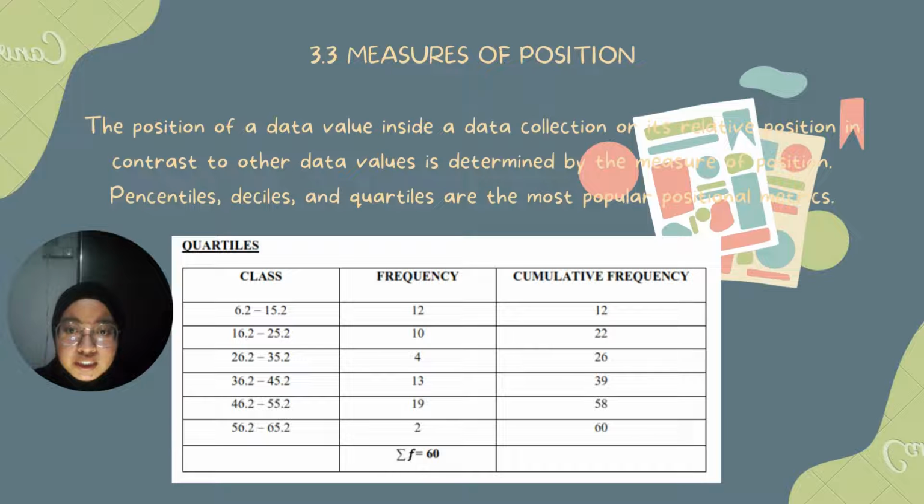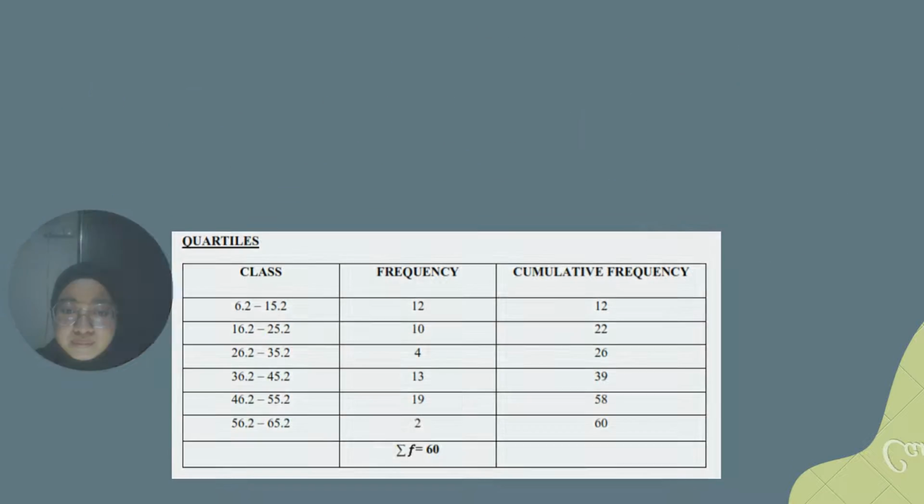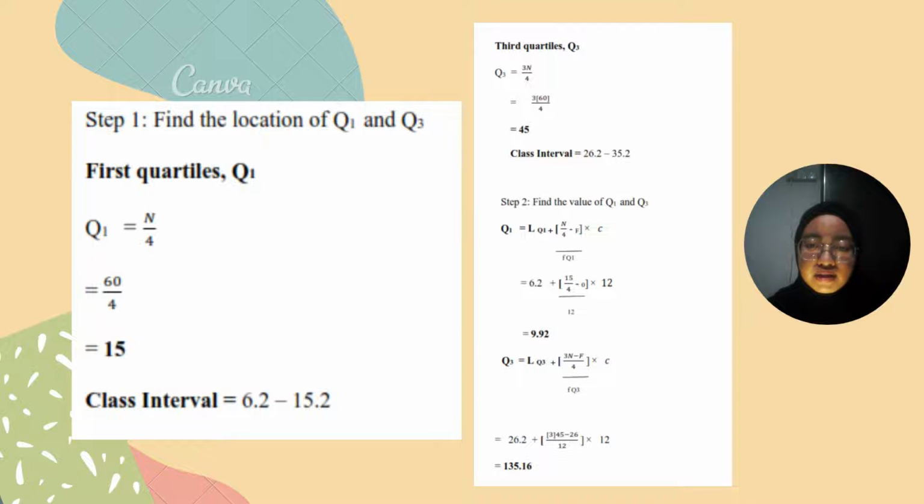This table shows the quartile. This is the way to get quartile 1 and quartile 3. For step 1, we must find the location of quartile 1 and quartile 3. And for step 2, we find the value of quartile 1 and quartile 3.